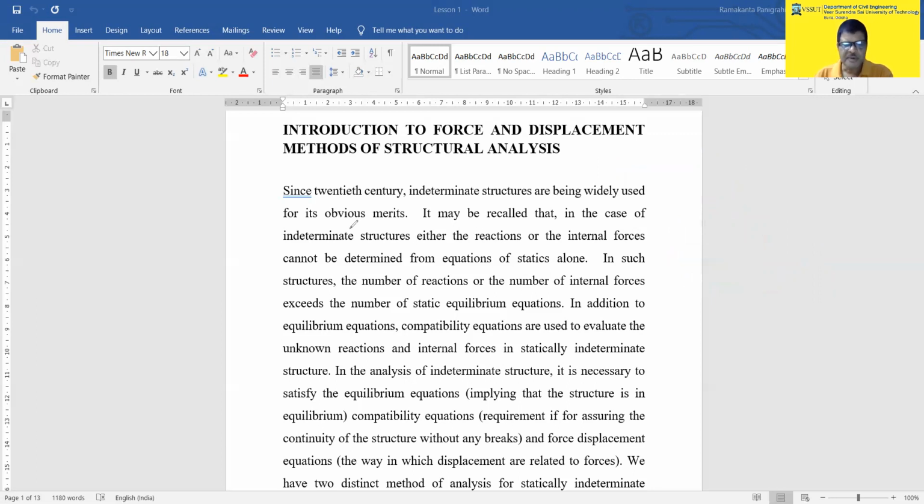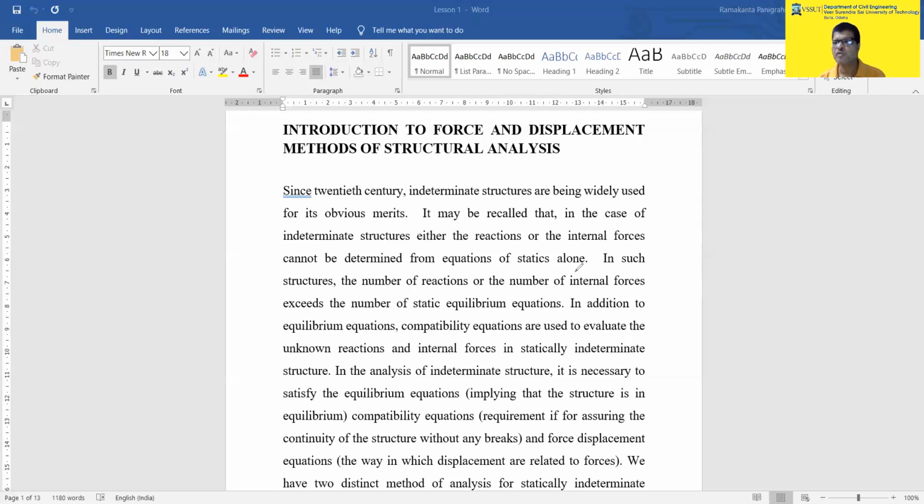So in case of indeterminate structures, either the reactions or the internal forces cannot be determined from the equations of statics alone. There will be either unknown reactions or some internal forces which cannot be found using the equations of statics alone.